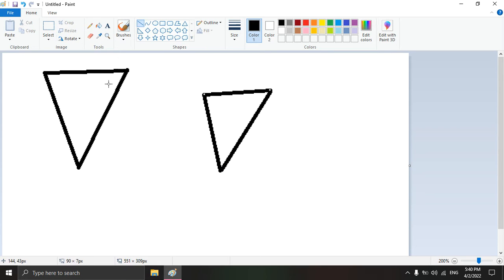So let's assume that these two triangles are similar to each other. Then we will name this one triangle ABC and triangle DEF. Let's say that AC measures 20.